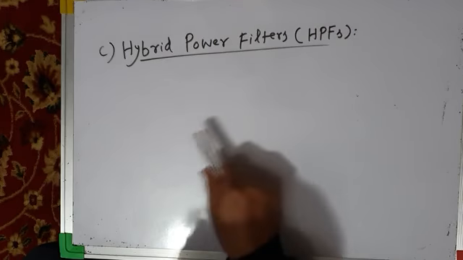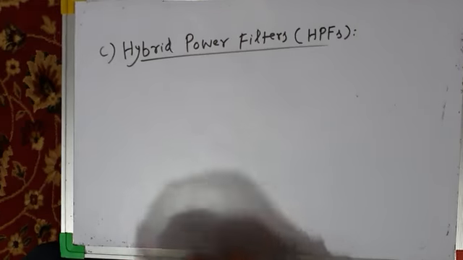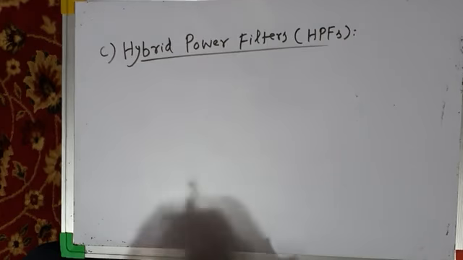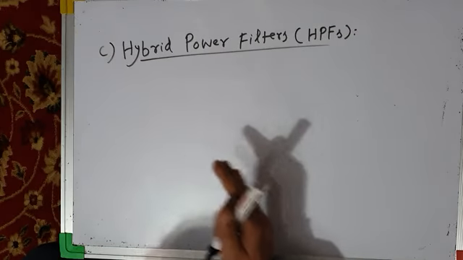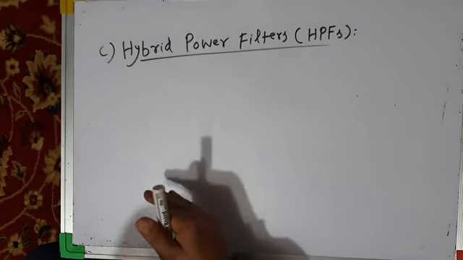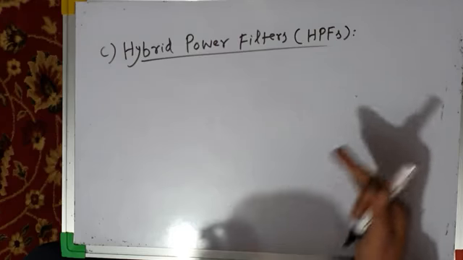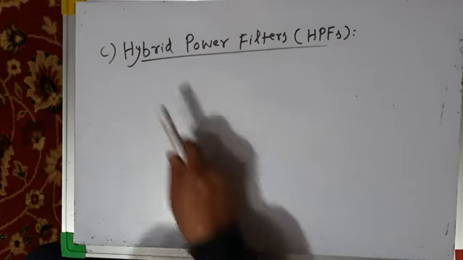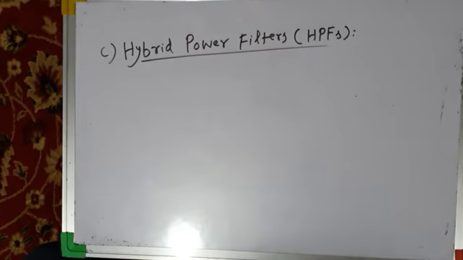You may use series active power filter for addressing voltage related power quality problems and shunt passive filter for addressing current related power quality problems. Or you may use shunt passive filter and series passive filter, or you may use shunt active power filter and shunt passive power filter, so both in combination. So that gives the concept of hybrid power filters.